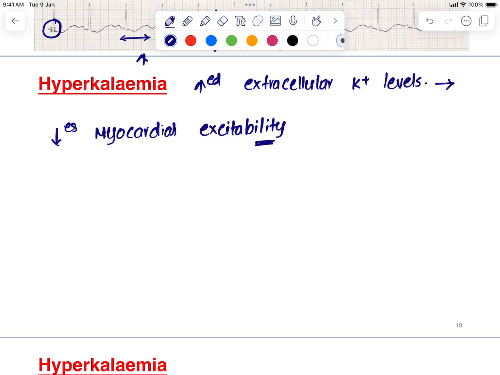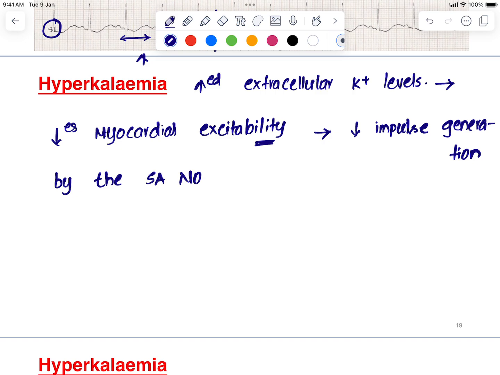So because of decreased conduction and decreased pacemaker activity in hyperkalemia, there is suppression of impulse generation by the SA node, and thereby there is reduced conduction across the AV node.